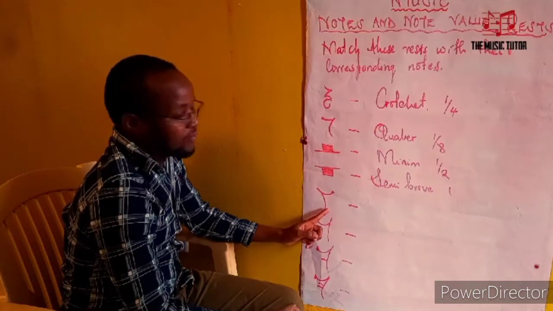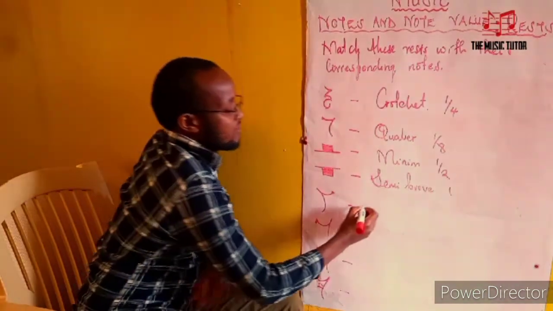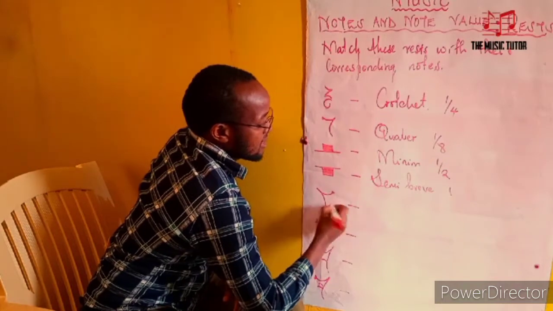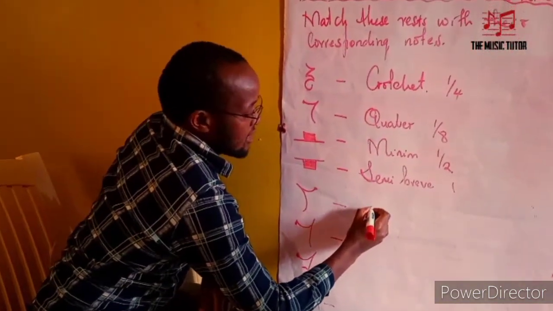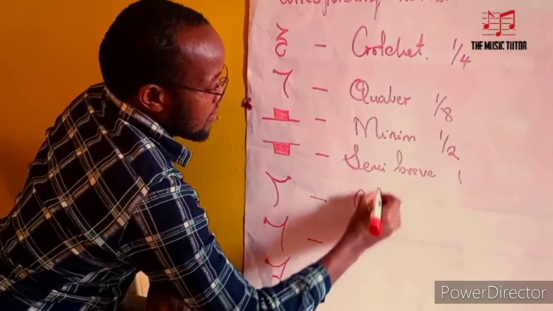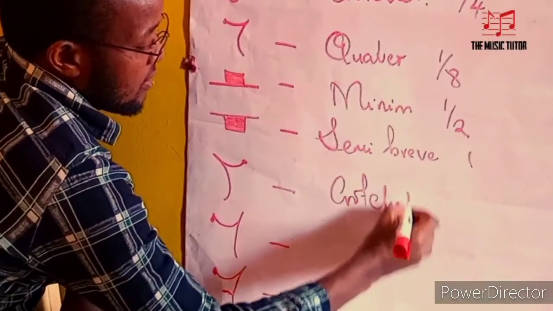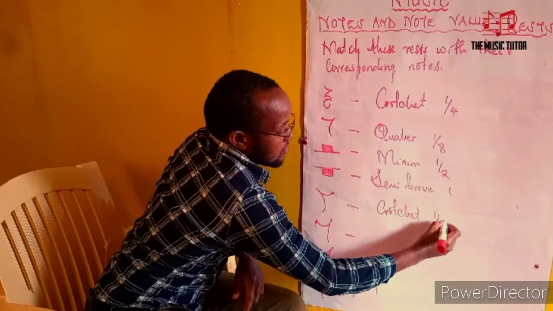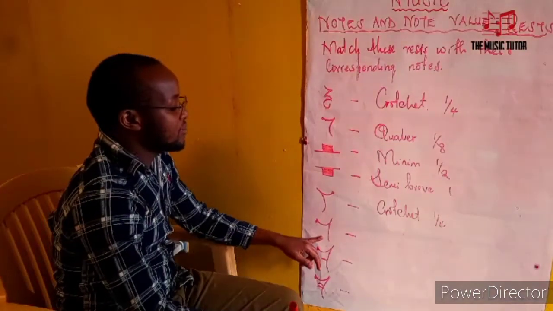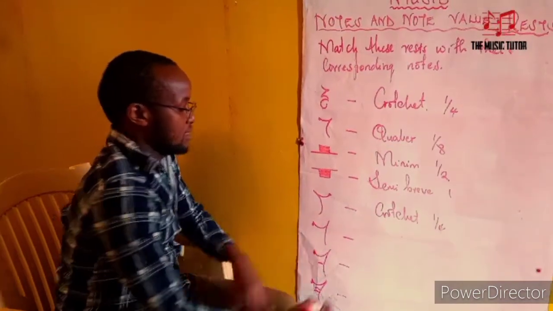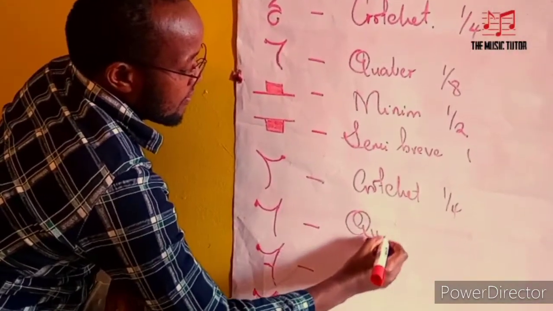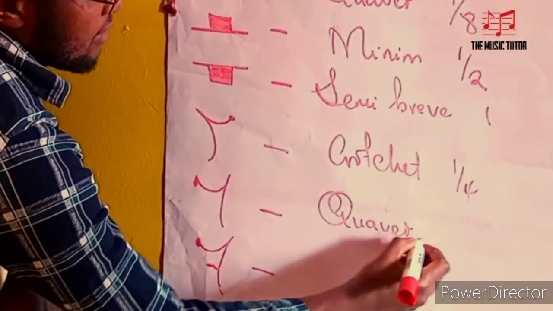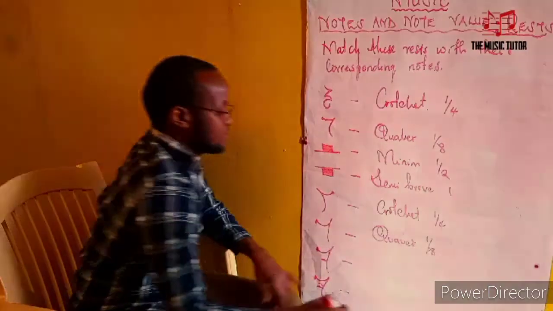This other one, improper number 7, it looks like a 7. It is a crochet rest, meaning it is a quarter of a note. This other proper number 7, it is a quaver, meaning it's an eighth of a note.